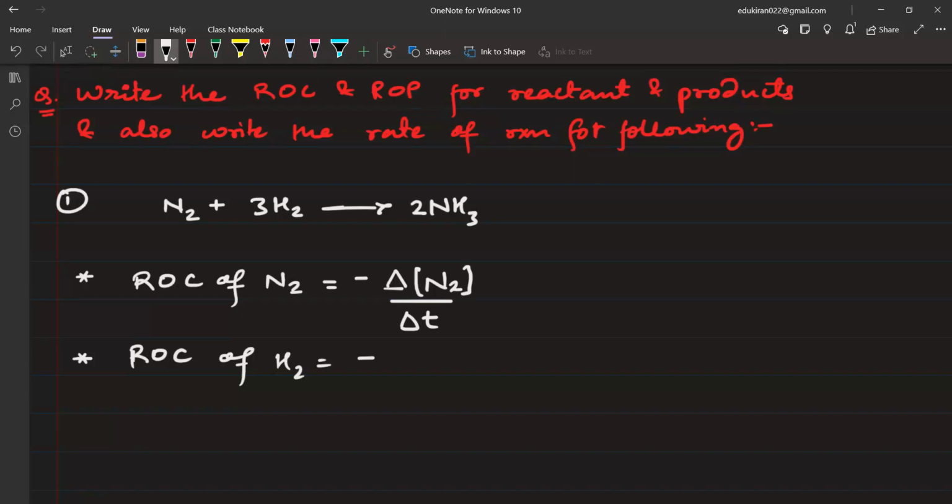So when we are talking about rate of consumption of H2, we first understand rate of consumption and rate of production, because we can only talk about whatever gas we are getting, and whatever gas is getting consumed, है ना? So please see, minus delta H2 divided by delta T.